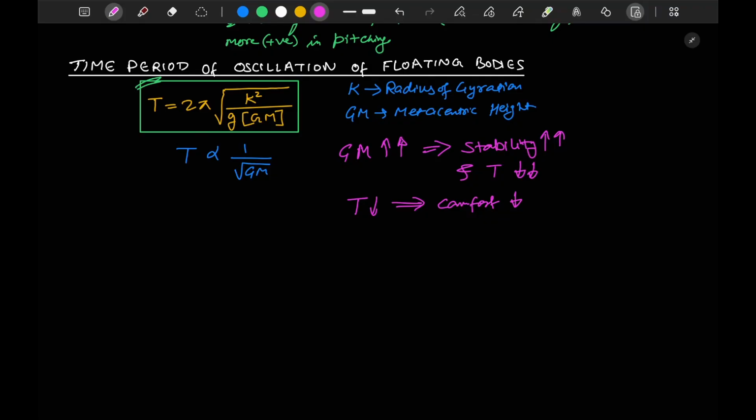For higher stability we need higher gm. Okay, so we have to optimize the gm value such that your comfort and stability are both balanced.